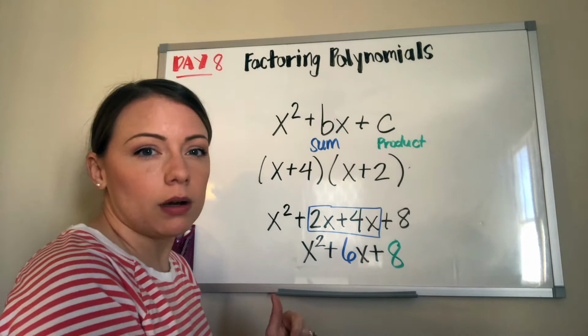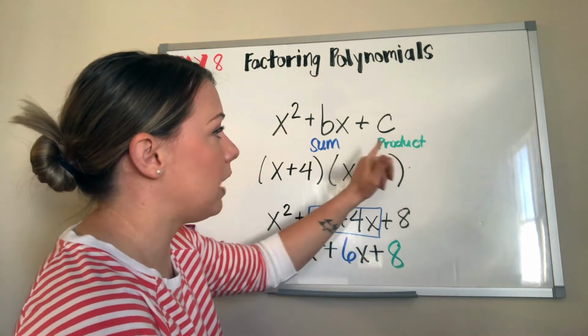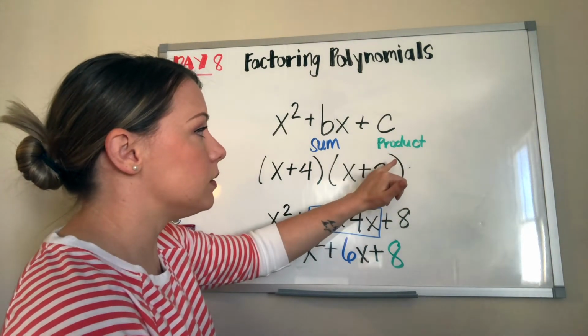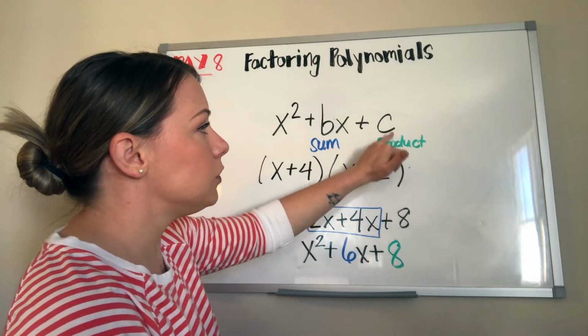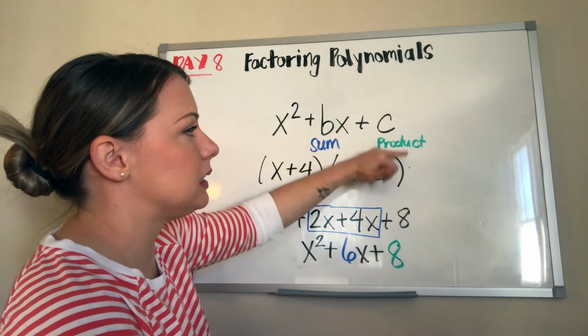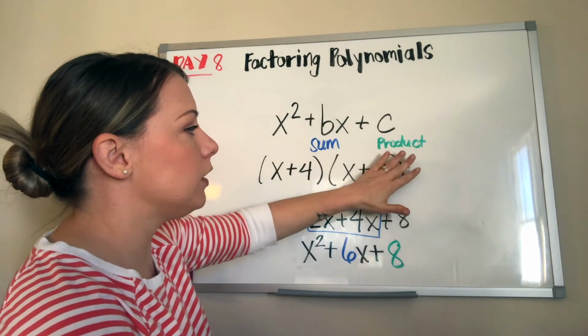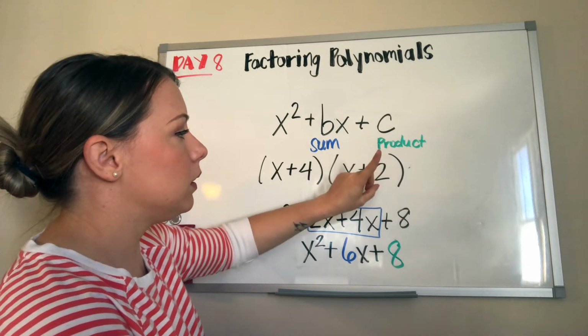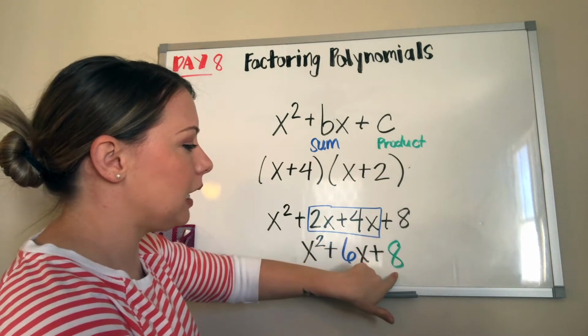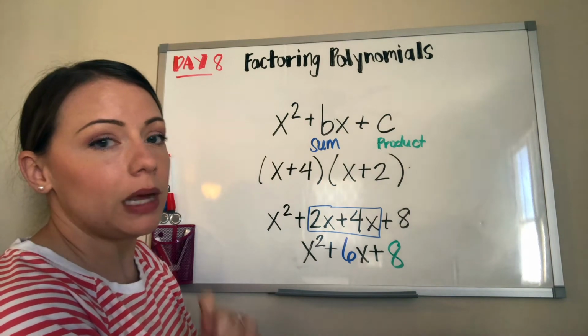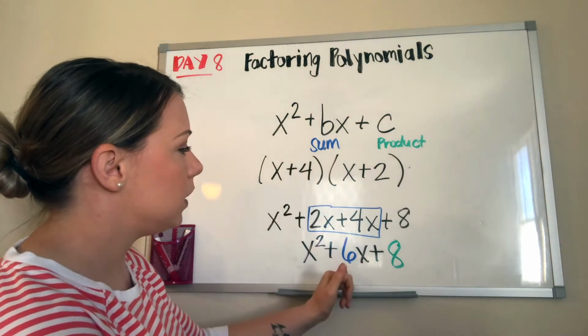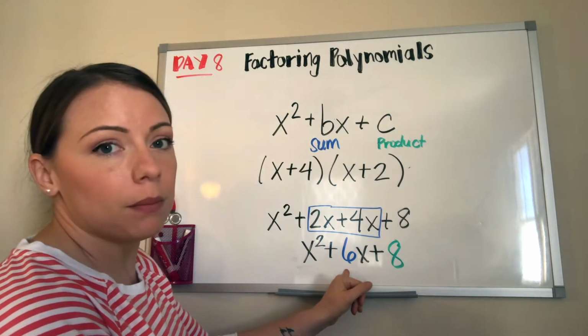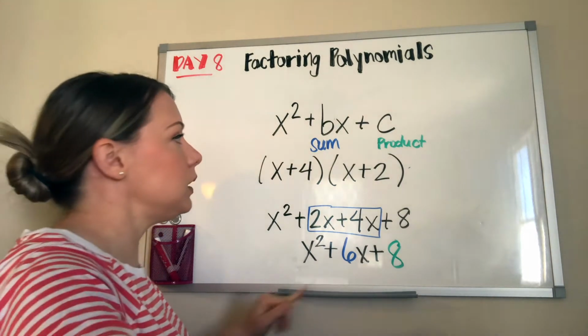So in the chart, I ask that you factor out C, because we want to test which of those factors would create this 8, but also add together to create B. All right, so let's give that a try.